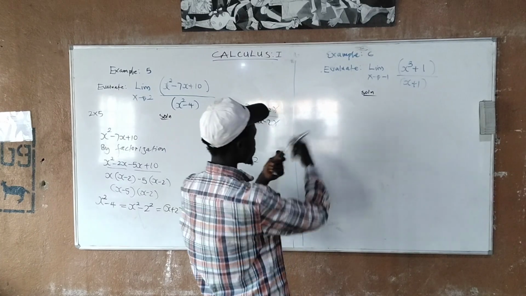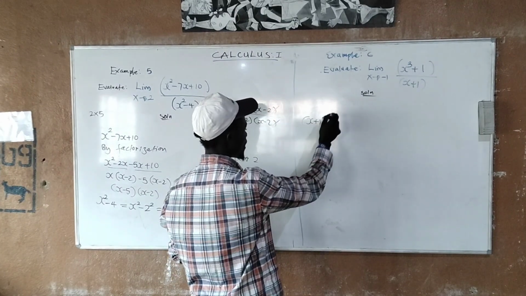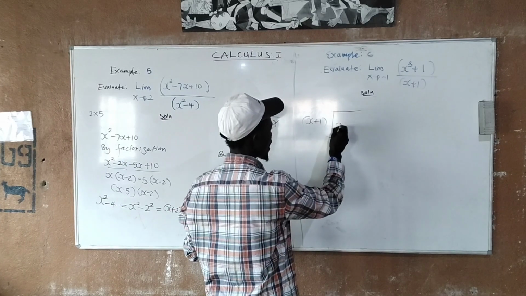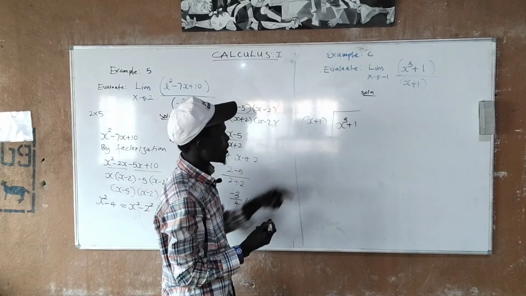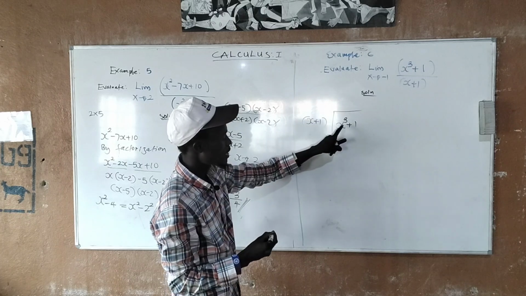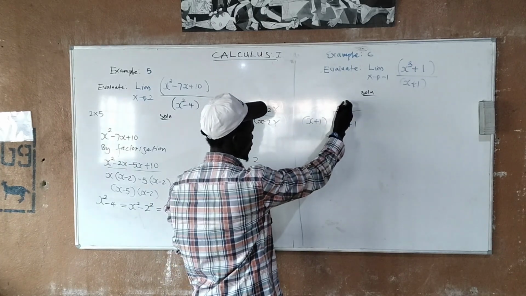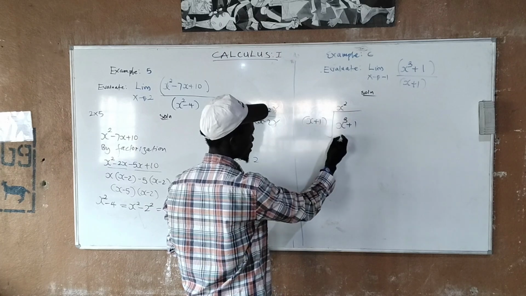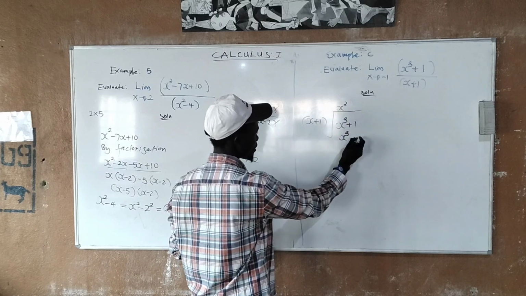Then we say x plus 1 divided into x cubed plus 1. If x cancels 1x on x cubed, what will remain is x squared. Then x squared times x gives you x cubed, plus x squared times 1 is x squared.